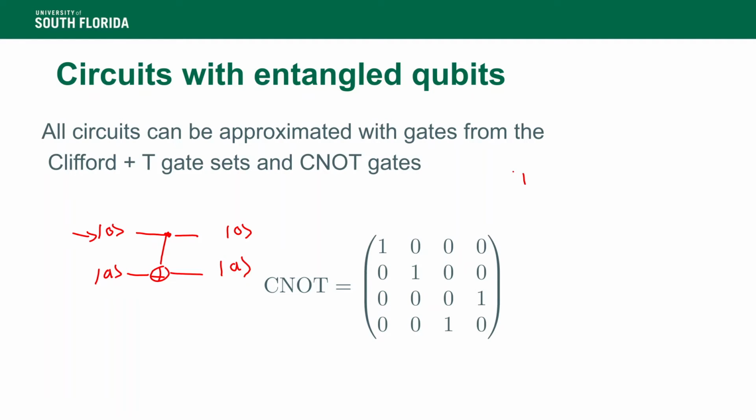But on the other hand, if the control qubit is 1, then what will happen to the target qubit is a XOR. So you have this behavior, and that is what the CNOT gate does. Controlled not, controlled by the control qubit.